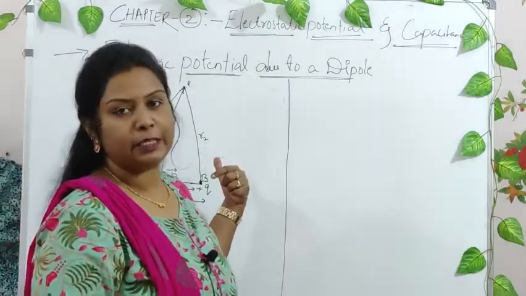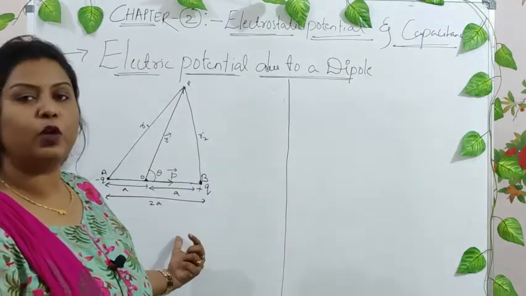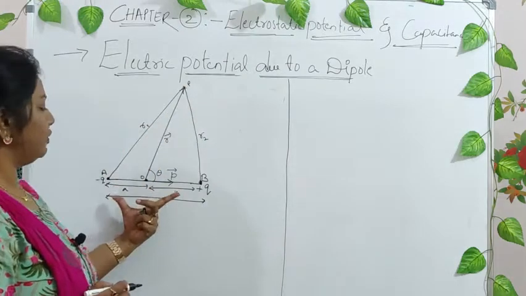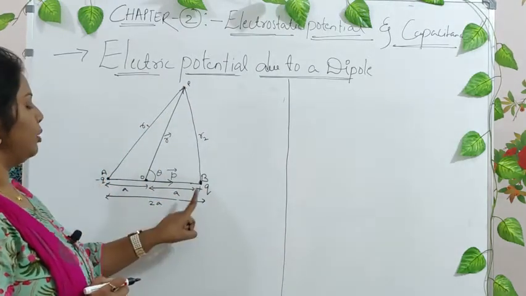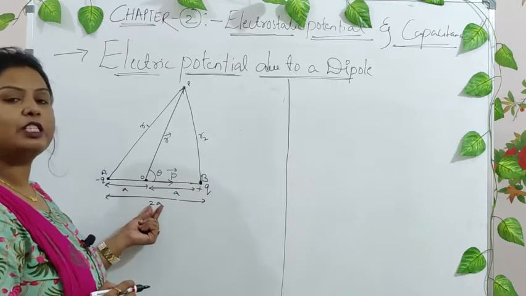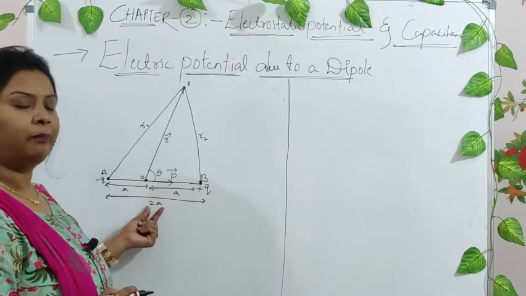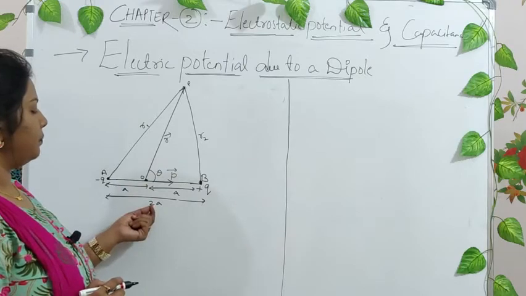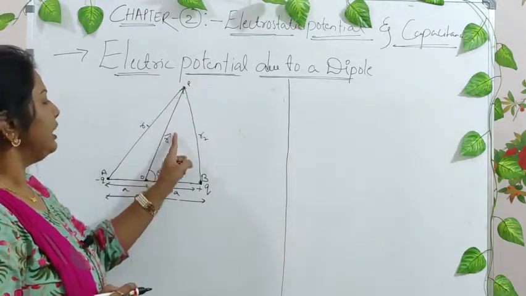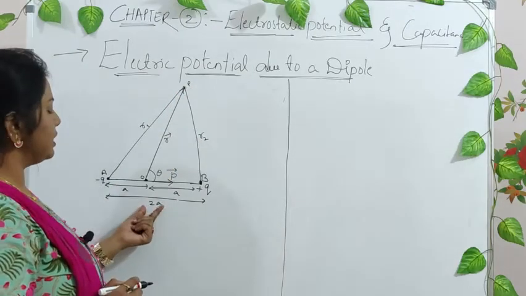In this particular derivation, what we will find out is, we have some point. We have a dipole, a positive charge and a negative charge with a very small distance between them, that is 2a. The point which is considered is so far from this dipole that the distance between the charges is very small by comparison.